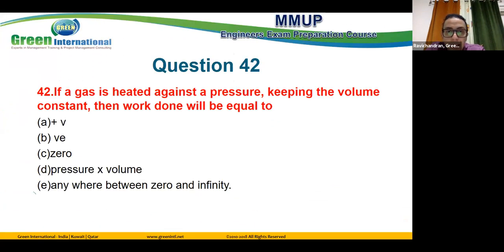If gas is heated against the pressure, keeping the volume constant, work done will be zero.